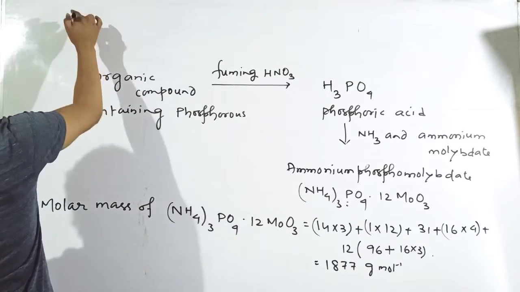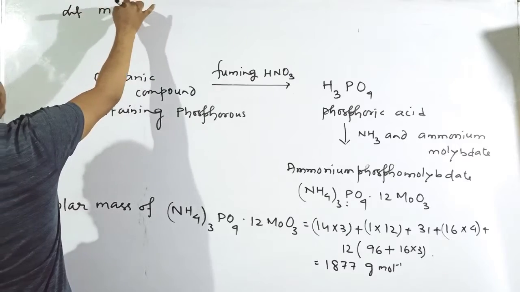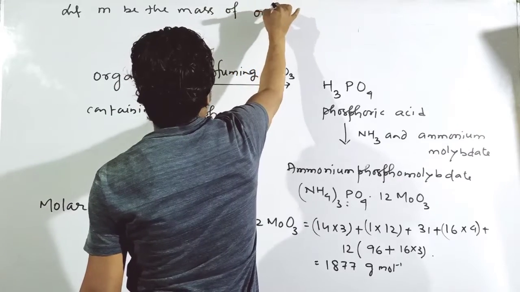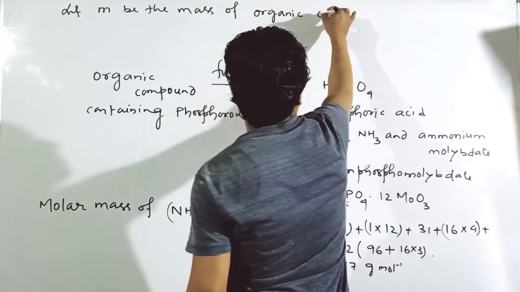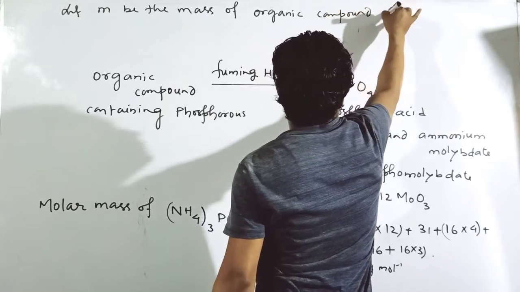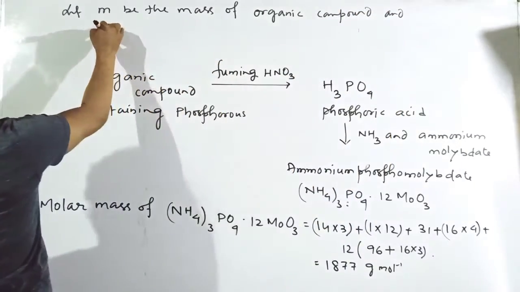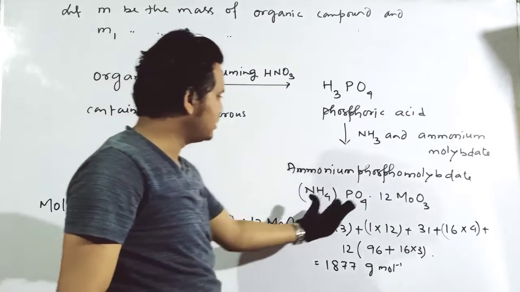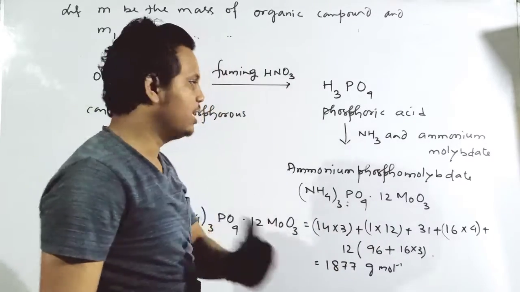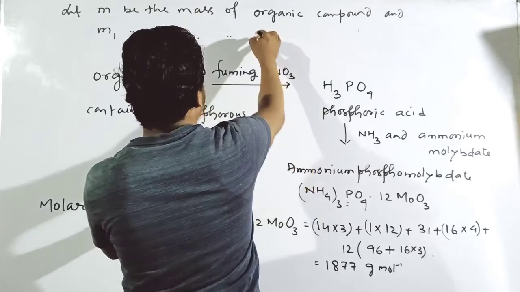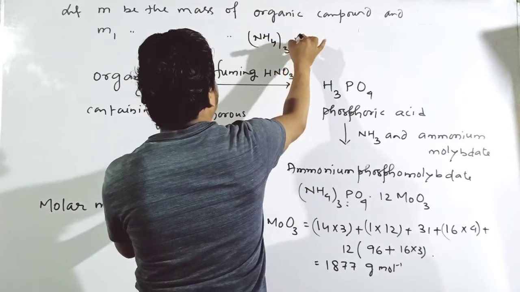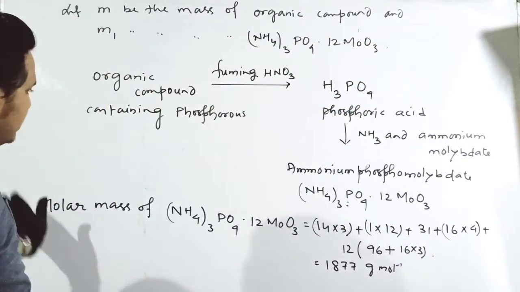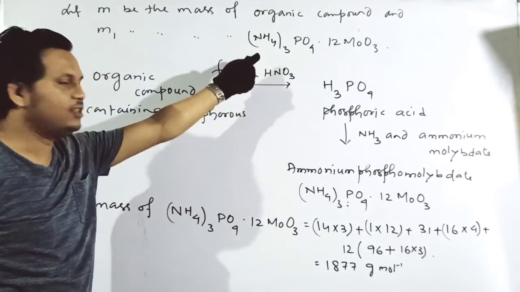Let M be the mass of the organic compound, and let M1 be the mass of the ammonium phosphomolybdate produced. Now we can easily find the mass of phosphorus in the given compound.